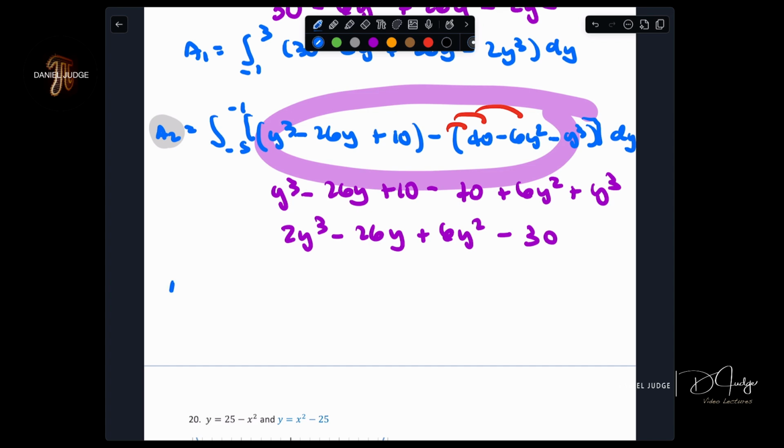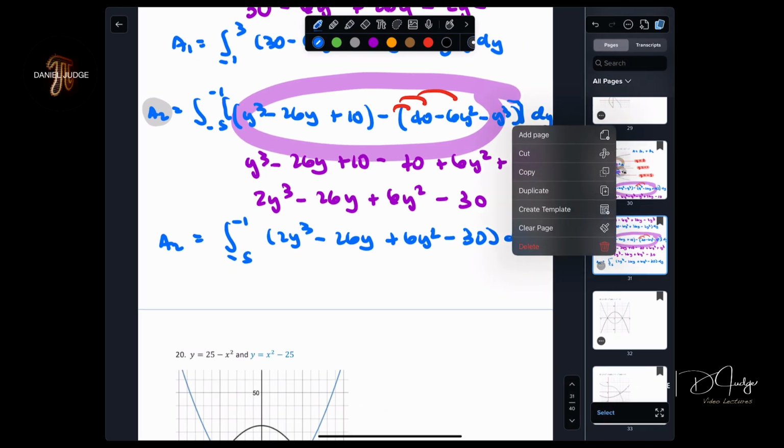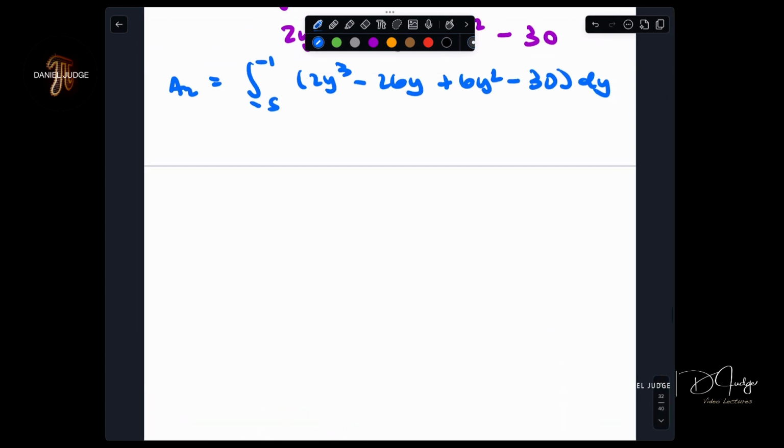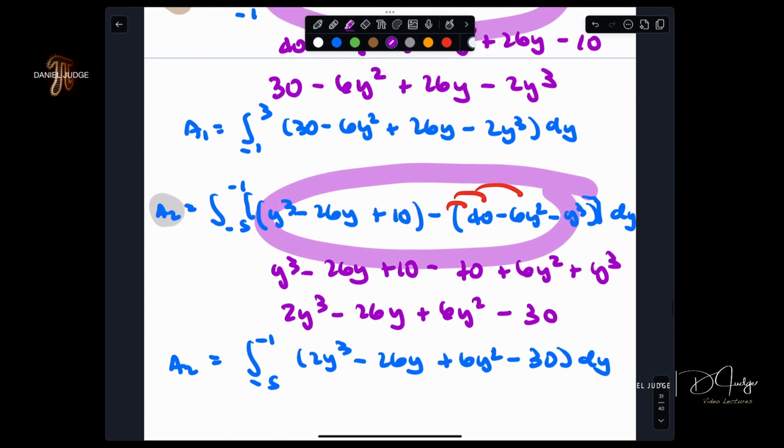So your second integral here, from -5 to -1, is 2y cubed minus 26y plus 6y squared minus 30 dy. So here we go.